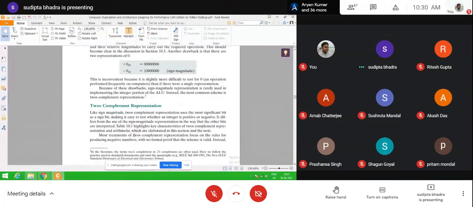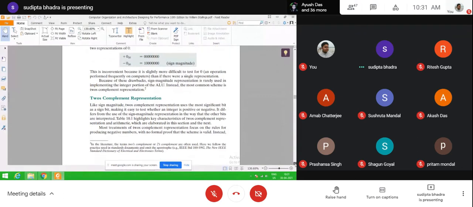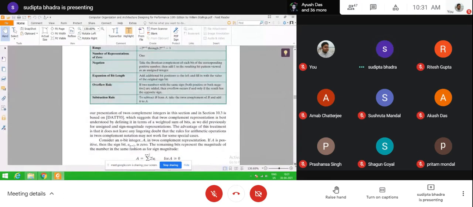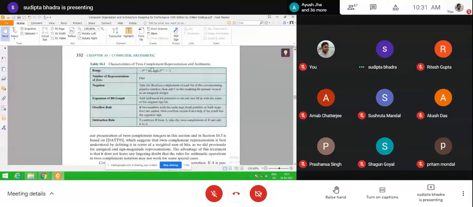Two's complement focuses on the rule for producing negative numbers, with no formal proof that the scheme is valid. These are the advantages, the characteristics of two's complement representation and arithmetic.